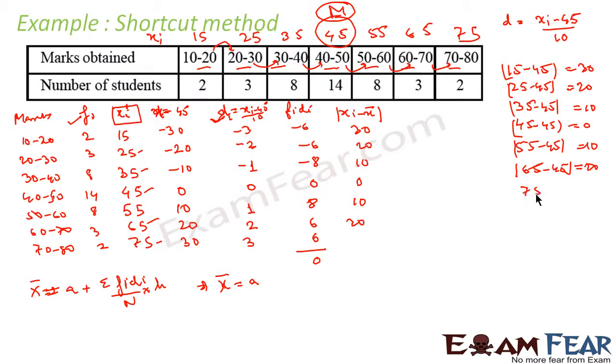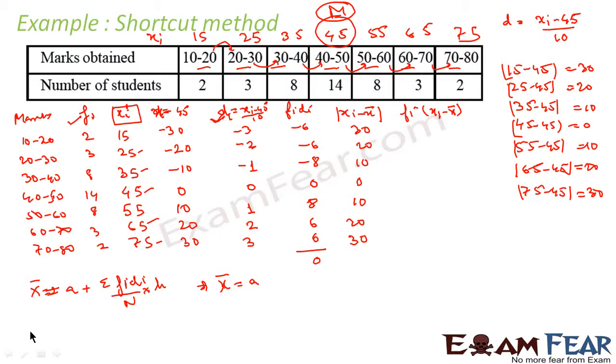Similarly, next value is 75. So we have to find 75 minus 45 mod. That is the distance between 75 and 45. That came out to be 30. So this is 30. But this won't do. This won't help. We have to find fi into mod of xi minus mean. That's the formula.